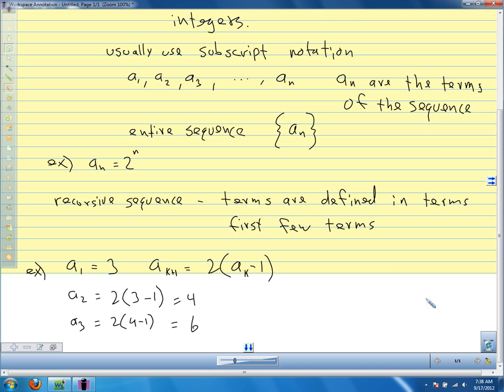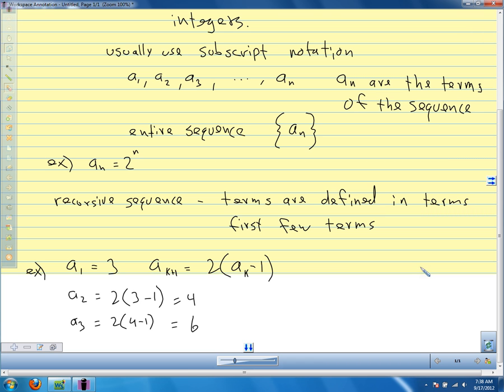Okay? So in your book, on page 602, we're looking at numbers 15 through 20. It gives a definition for the sequence, and we want to match the sequence to its graph.